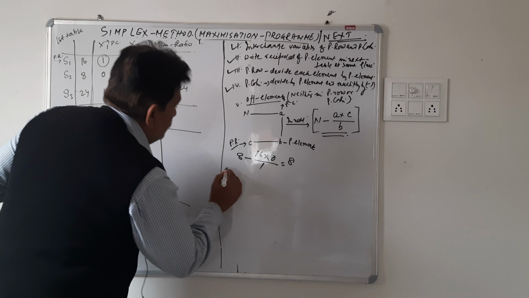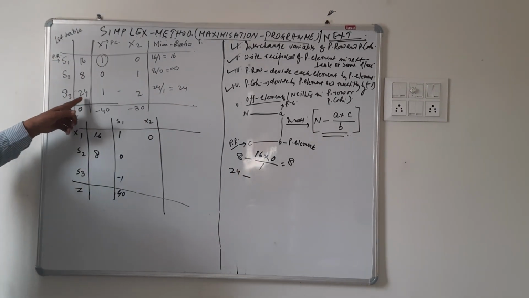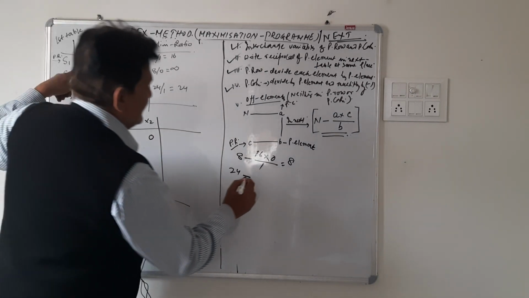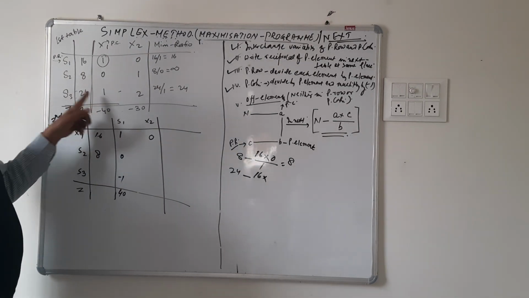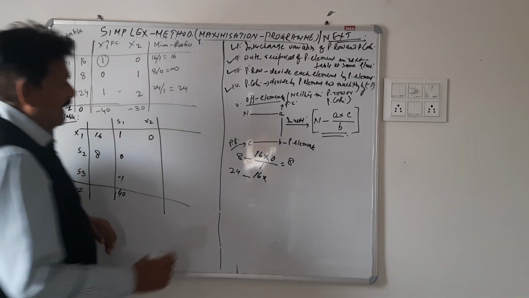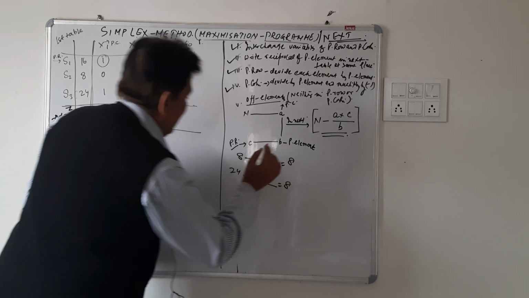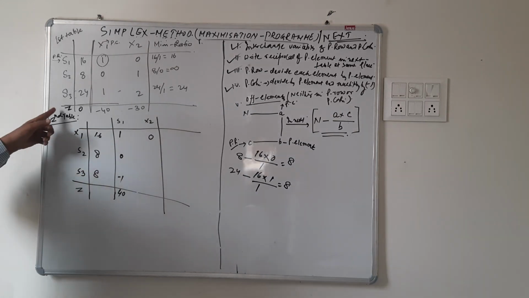This 24 will go in next table. 24 minus the corresponding element in pivot row, 16, into the element in pivot column, that is 1, and divided by pivot element, so this is 8. So 8. The value of z was 0.